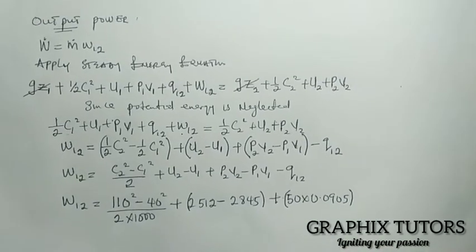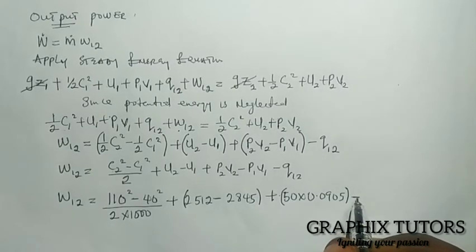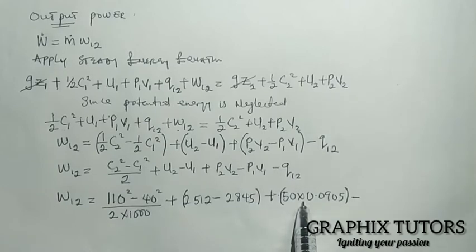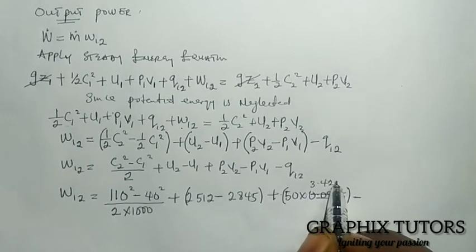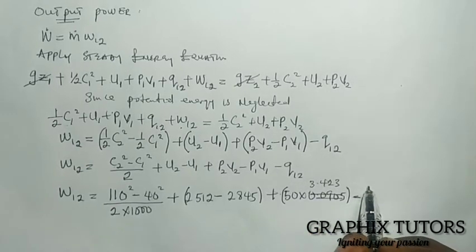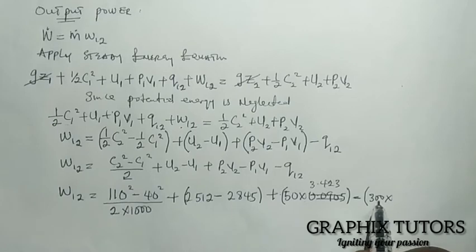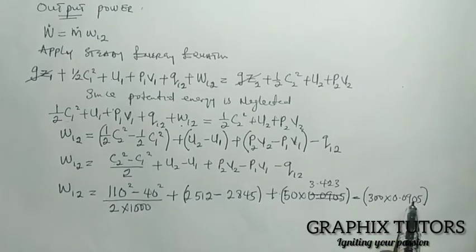So we have this, minus p1 v1, so the p1 is giving us 300 times my v1, which is giving us 0.0905, right?